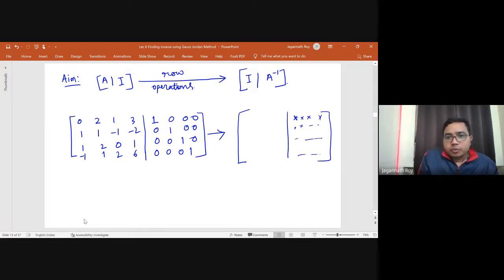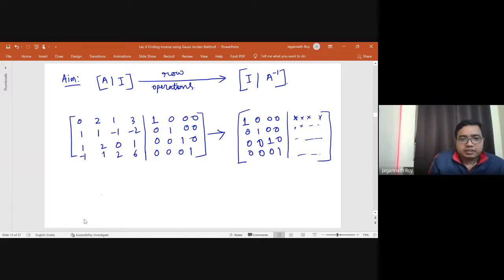But what we want is the identity matrix on the left: 1 0 0 0, 0 1 0 0, 0 0 1 0, 0 0 0 1. Now how do we proceed? This will be our final destination. Now let us understand the intermediate steps.